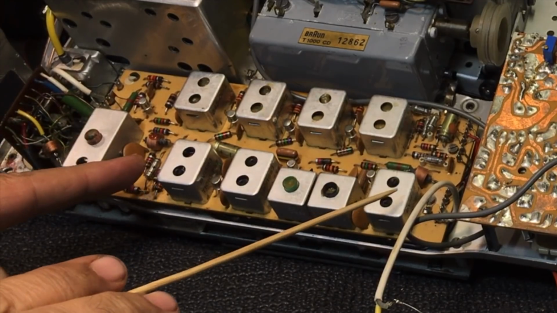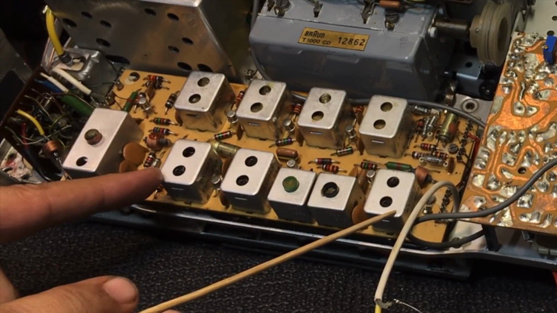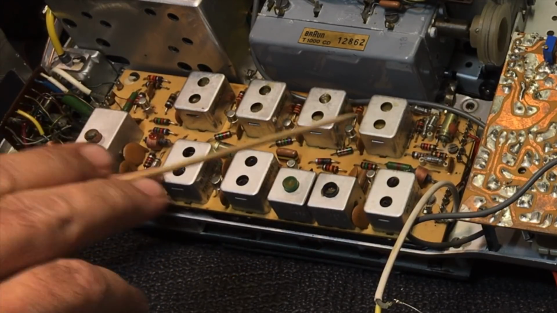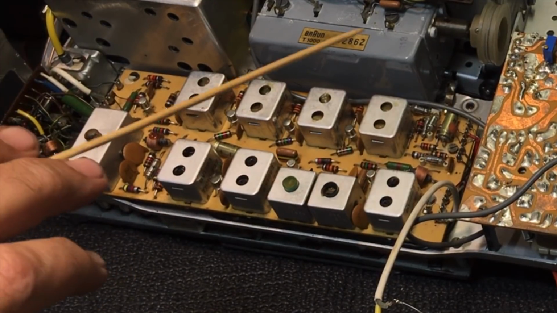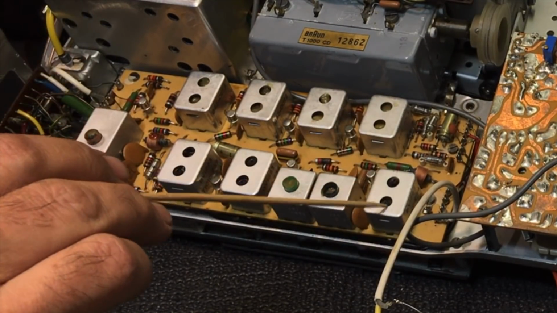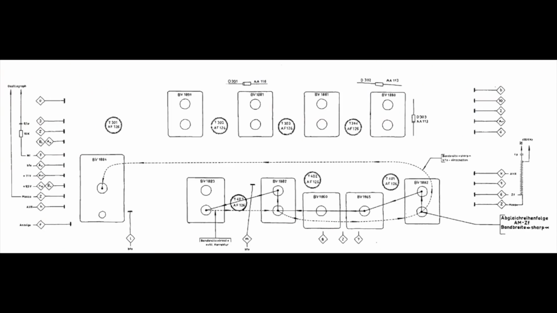Just to explain briefly, these coils here are the IF coils for the AM. Those are for the FM. This one here is the BFO, which we'll come to later. The sequence they give you is that one, then that one, then that one, and so on. Then you go back and you do it all again.